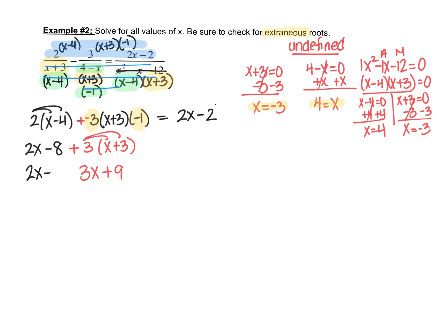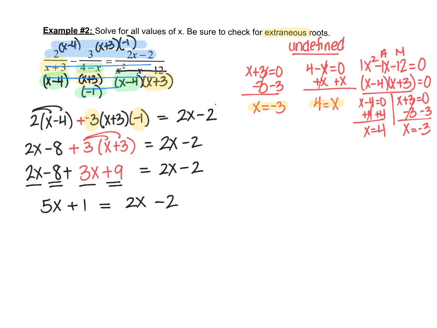So let's bring down the rest and simplify to solve. So my like terms over here are the 2x and the 3x, which gives me 5x. Negative 8 and 9 add together to give me 1. And I have 2x minus 2 over here. And then we're going to set it equal to 0.